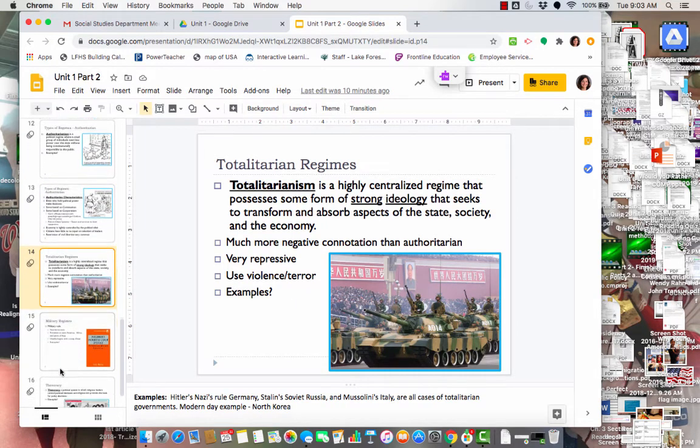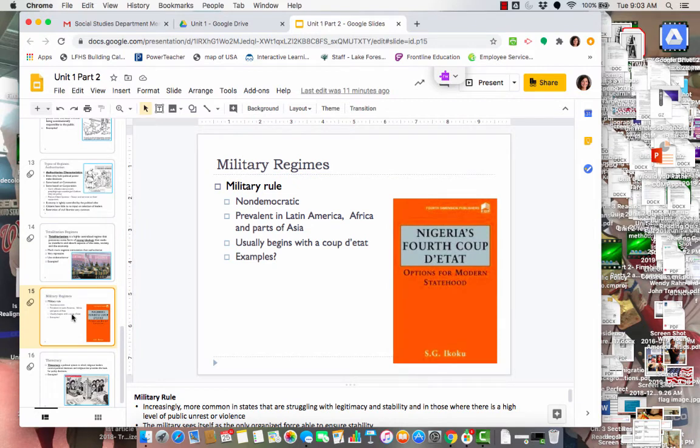Okay, another type of regime we study is a military regime. Military regimes are obviously not democratic. It's where the military is in charge and makes all the decisions. Military regimes are prevalent in Latin America, Africa, and parts of Asia. It usually begins with a coup where the military takes over the government. An example that we study in this class is Nigeria.